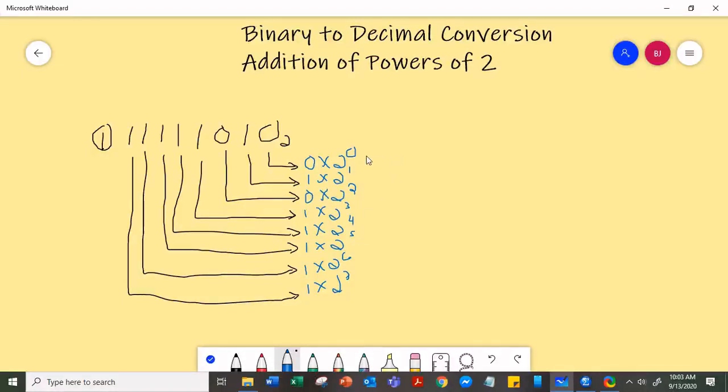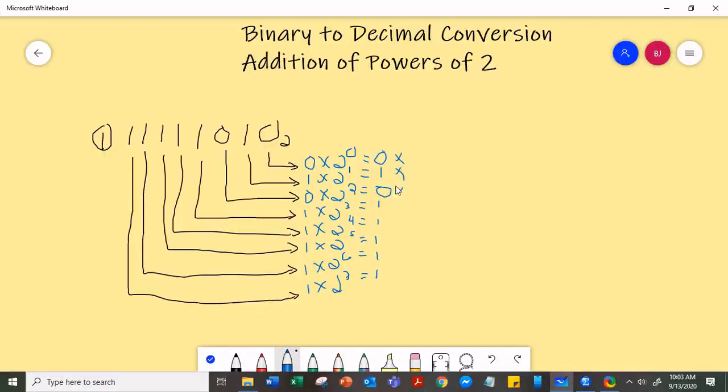So let's simplify this a bit. Let's rewrite again the 0, 1, 0, then the 5 ones.